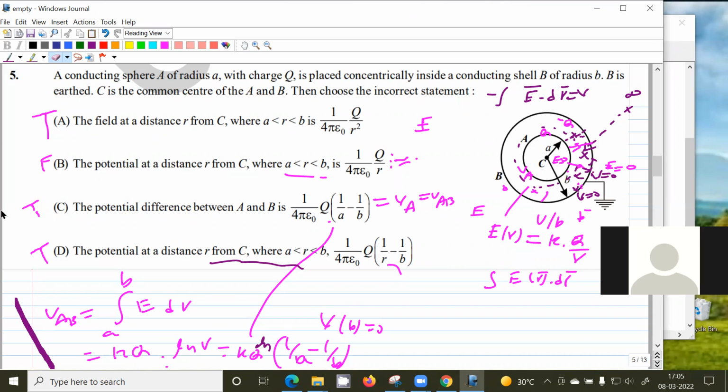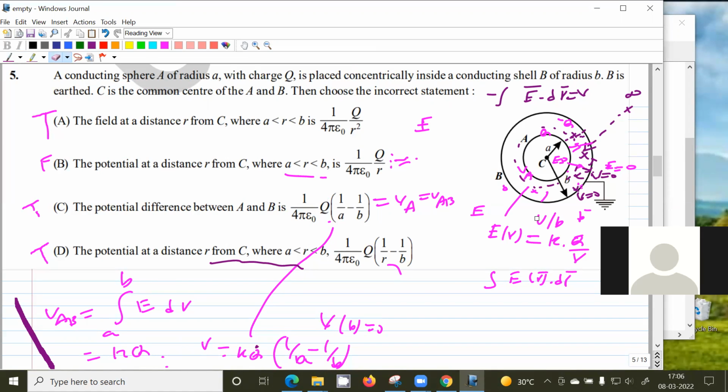Your mic is off. Yes, sir, 1 by R. We have seen the formula and you forgot it. In your notes only you have given. So 1 by R square integral is 1 by R. Okay. So we'll get these two. So this is the basic thing you have to find out.